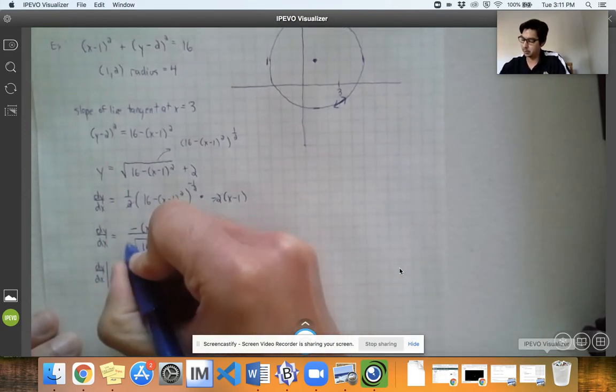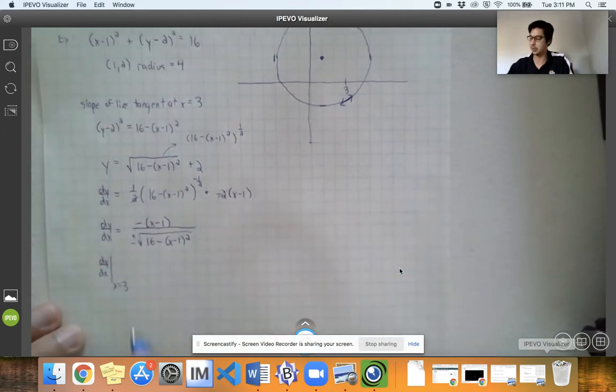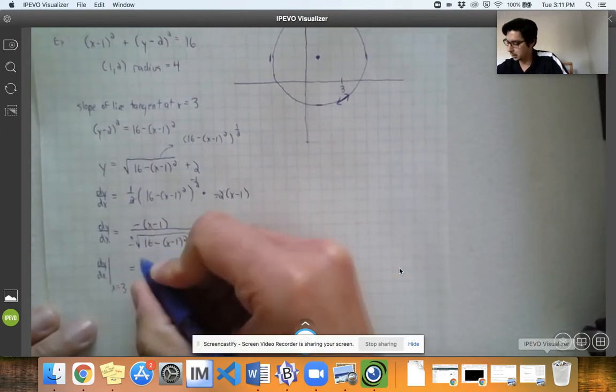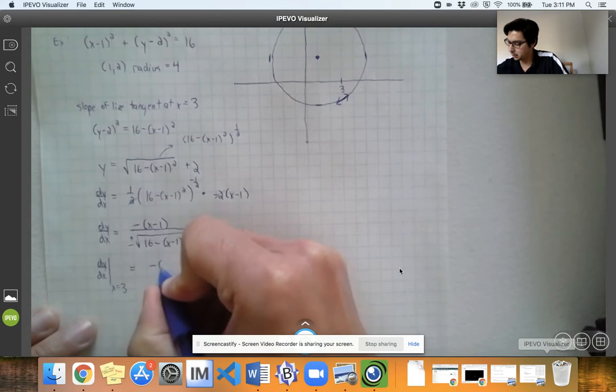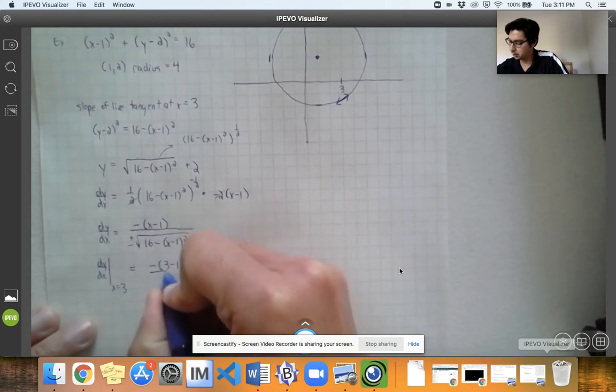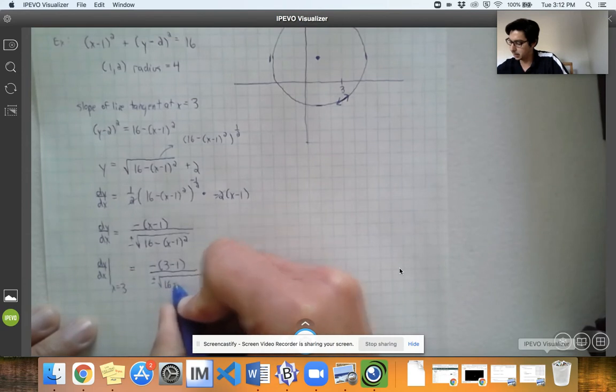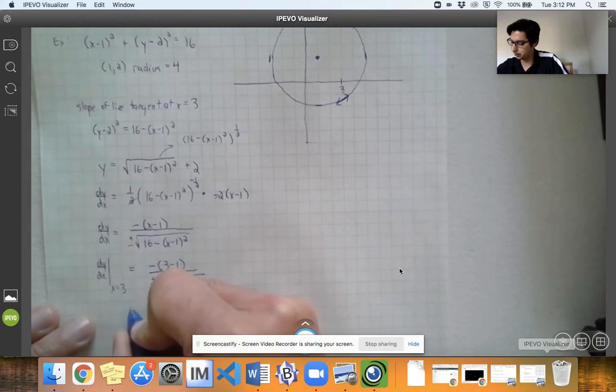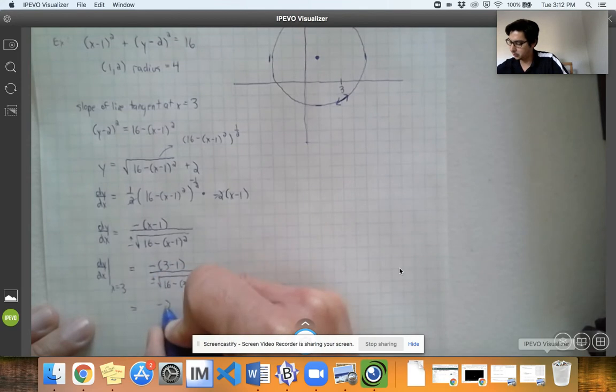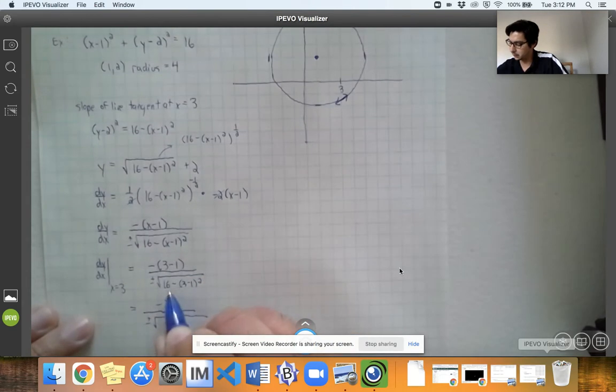We will find both of those, and just remember we have to do the plus and negative of that square root there. So then we'll have negative (3 minus 1) over plus or minus the square root of 16 minus (3 minus 1) squared. Simplifying that, I'll have negative 2 over plus or minus the square root of 16 minus, that's going to be 2, 2 squared is 4. 16 minus 4 is 12.